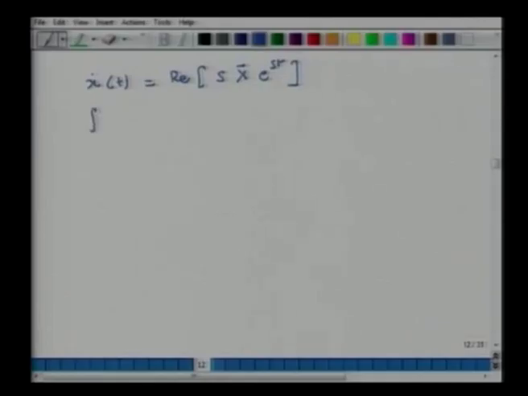Also note that if I have to integrate this thing, that gives me x bar over s e^(st). So again, differentiation and integration becomes a fairly simple process. Here, I am assuming that x bar doesn't contain time t. x bar is a constant. It can be imaginary, it can be purely real, but it does not have time embedded in it.